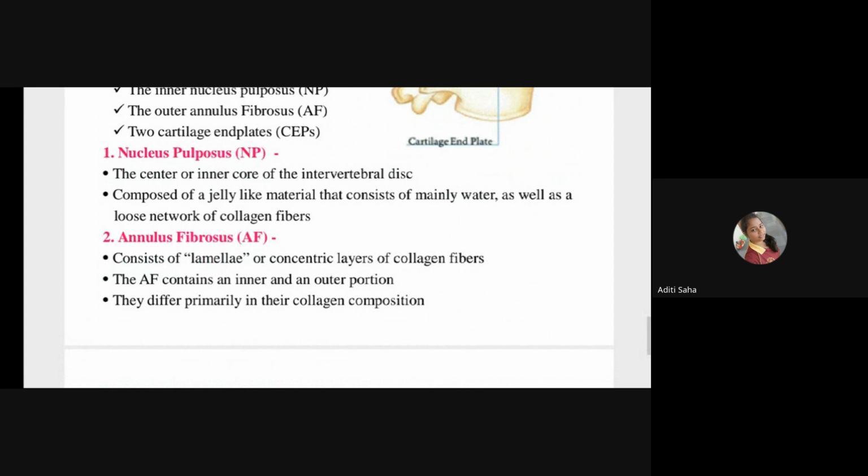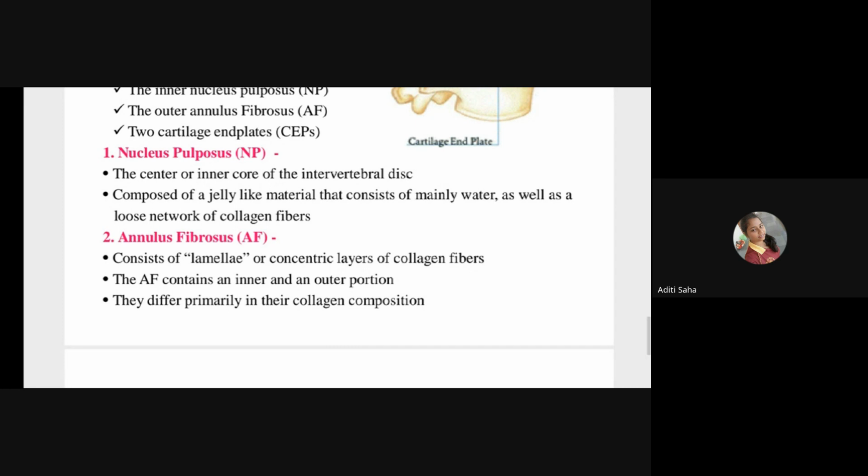They differ primarily in their collagen composition. In annulus fibrosus also, if we see very deeply, we can find there is a bit of difference in the inner side and outer side.